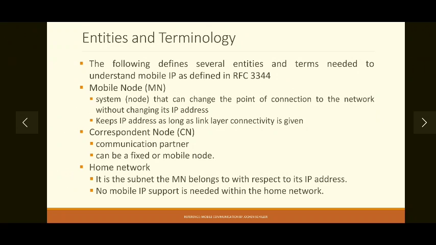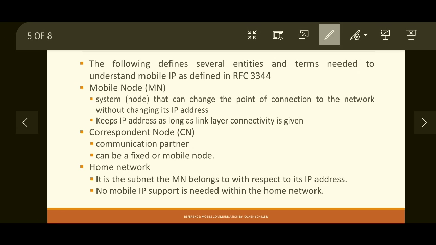Now, what is RFC 3344? Mobile IP was developed by a standards organization or committee called RFC, which has several versions. The version number for mobile IP is 3344, the committee's final version of the mobile IP standard.